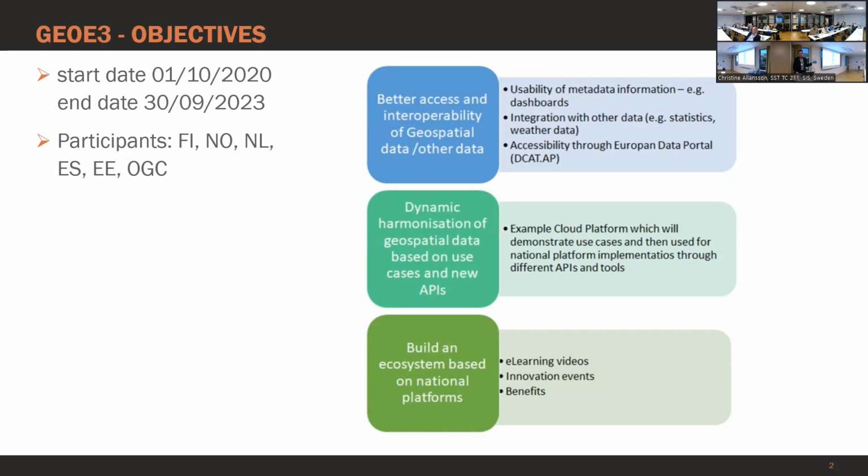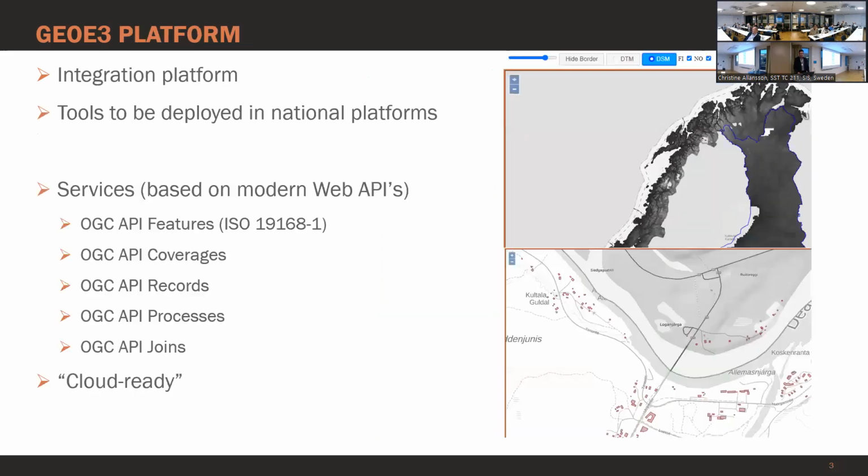OGC is establishing an e-learning platform where we'll have a lot of different videos on how to take these into use and how to develop. Unfortunately, I'm also talking in many of these videos, so sorry about that. Those will be available early next year, and we already have some of them available.